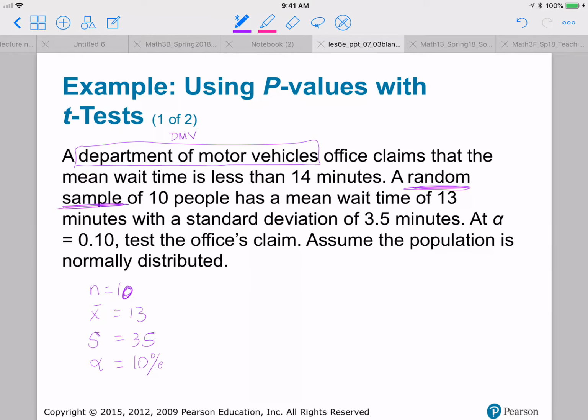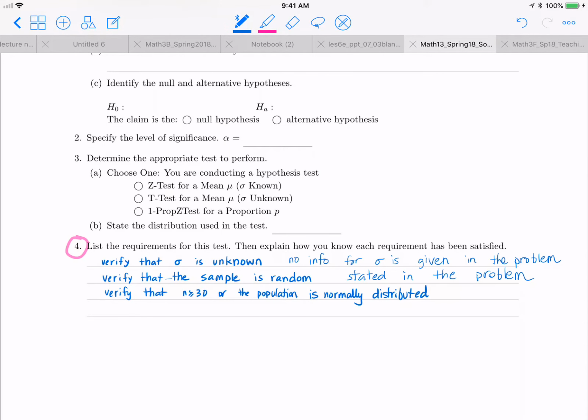So for our problem here, it says assume that the population is normally distributed. So we'll circle population is normally distributed, and then we'll just say stated in the problem. Okay, so we've done that.